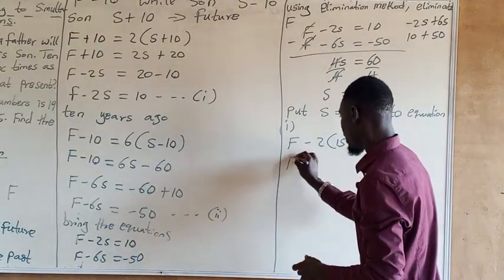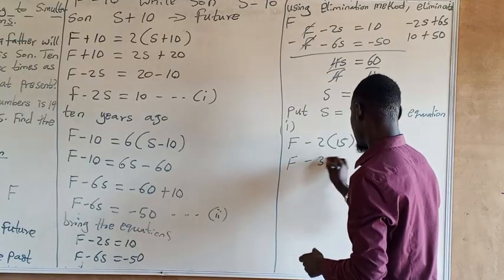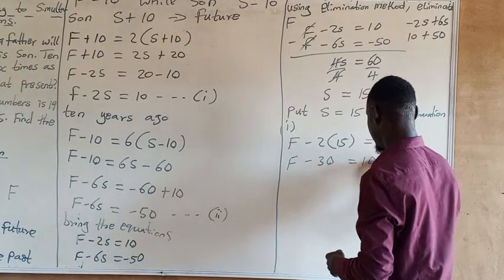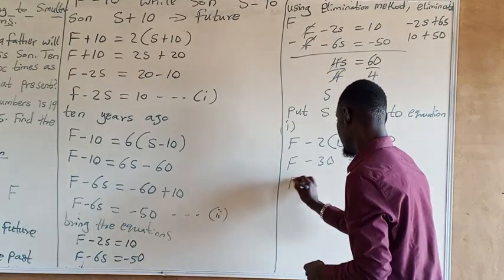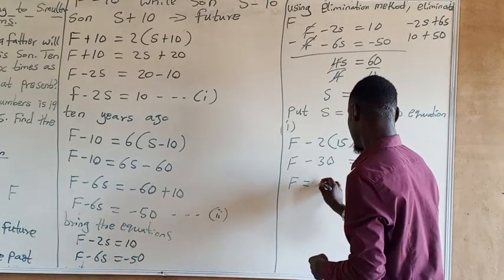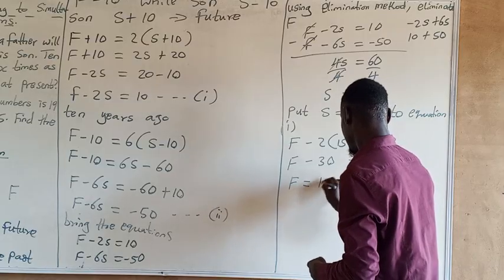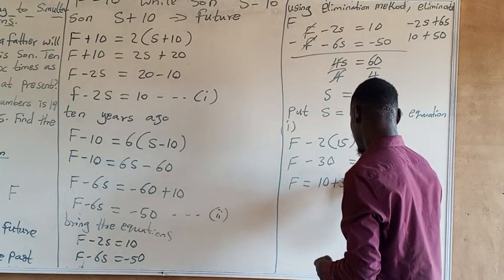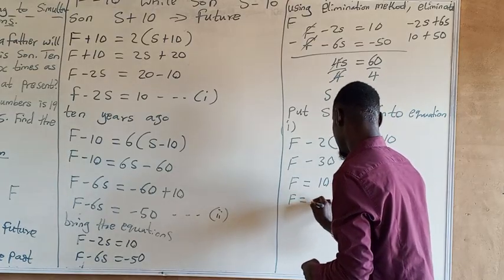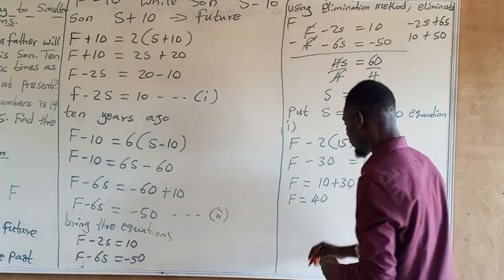Let's open the bracket. F minus, this is 30, is equal to 10. Then F is equal to, let me even bring the 10 first, 10 plus 30, which should give us F is equal to 40.